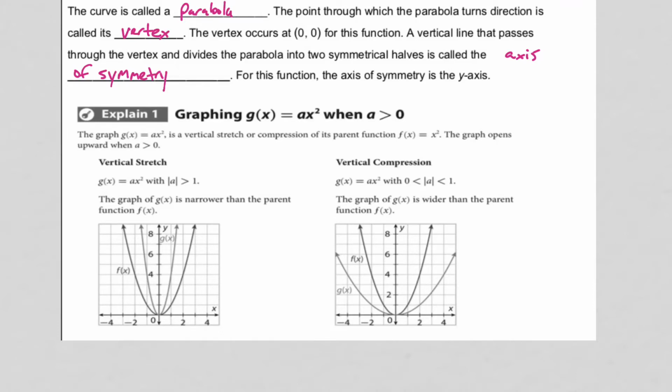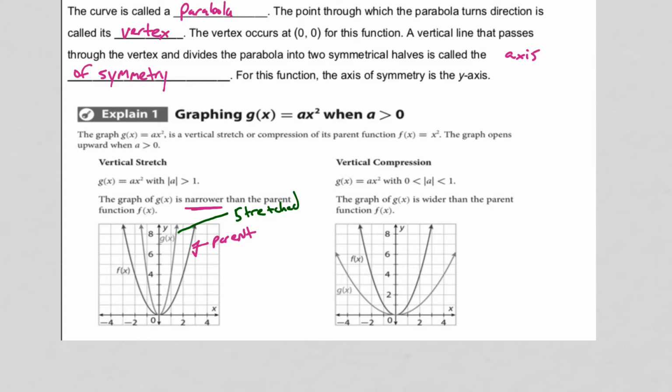Hopefully in the worksheets that we did before these notes, you got to see that when a was bigger than 1, the graph of the function became narrower than the parent function. This one here is probably the parent function, and this one here has been basically stretched. By the way, this is actually identical to the rules you had when you were doing absolute value from chapter 2.